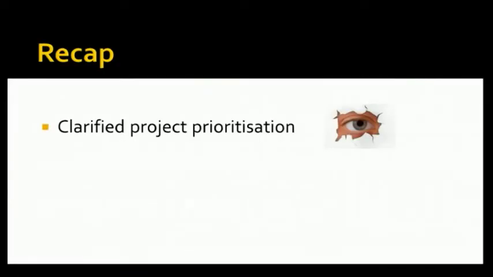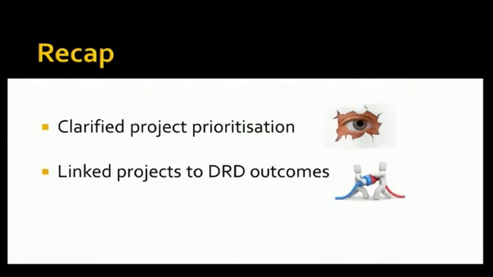Do a quick recap of the last episode. In the last episode, we went through clarifying project prioritisation to get some idea of which were the key projects for the CRC to tackle. And then with Ros's help from the Department of Regional Development, we looked at linking those projects to the DRD outcomes. So obviously it's very important from a funding point of view to make sure that the projects do match the outcomes that DRD are looking for.